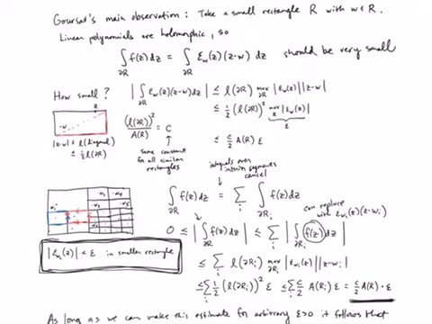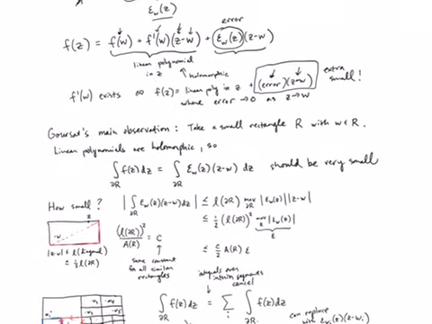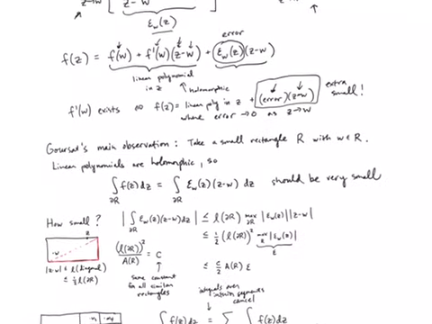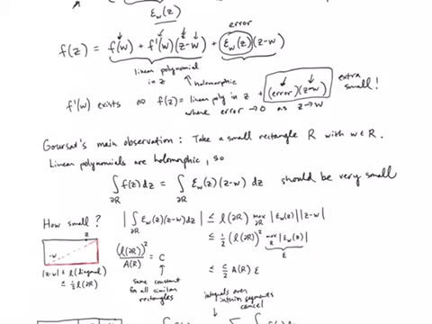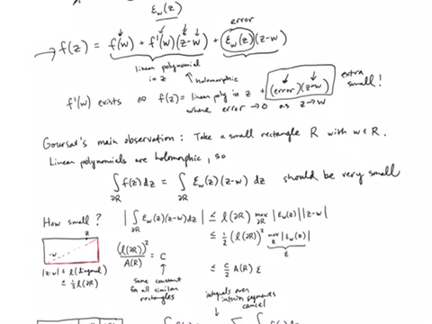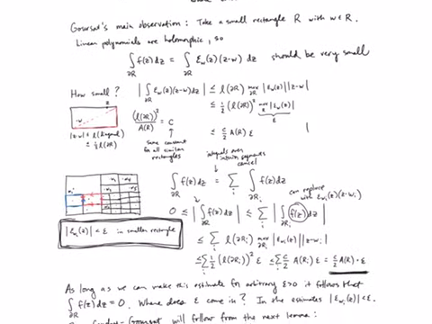And so basically Goursat's idea of looking at small rectangles comes from the fact that in a small rectangle near a point, you have this linear approximation kind of thing. So the integral around your rectangle of f is just going to be the integral of the error, because the linear polynomial part is going to drop out because that's holomorphic.